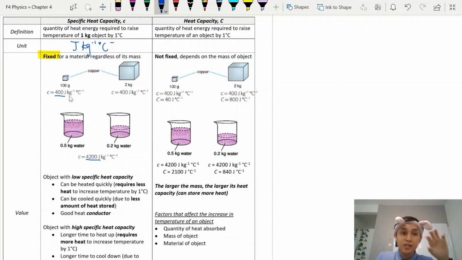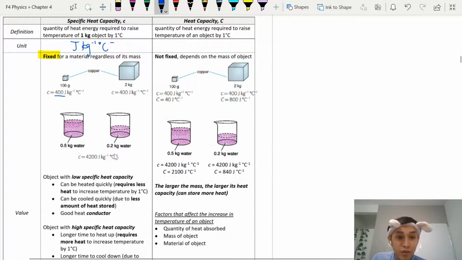We need this value in order to calculate for different masses and different temperatures. Now, what do I mean by different masses and different temperatures? Remember, this value is only for 1 kg of material and for 1 degree Celsius. So let's say in this case, 0.5 kg of water.